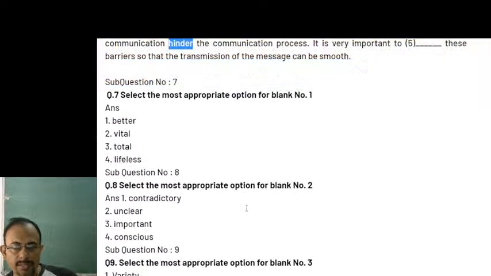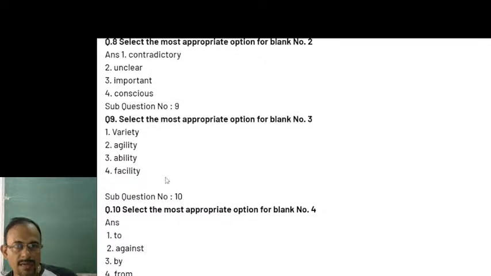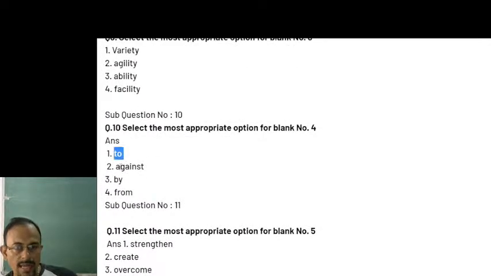So barriers dash communication. Barriers to, against, by, from. Which one? Question number 10. Barriers to communication, barriers against communication, barriers by communication, or barriers from communication. Which one do you think is the correct answer? Question number 10, 1, 2, 3, 4.